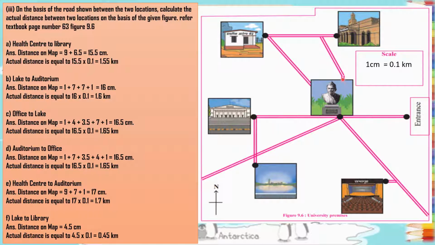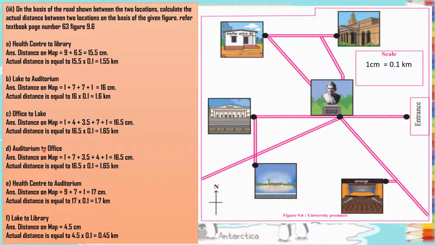So from this point to this point is 3.5 centimeter, that is 1, 4 and then 3.5 and then 7 from here and 1, that is 1, 4, 3.5, 7 plus 1 we get 16.5 centimeter. So actual distance is equal to 16.5 into 0.1, that is 1.65 kilometers.